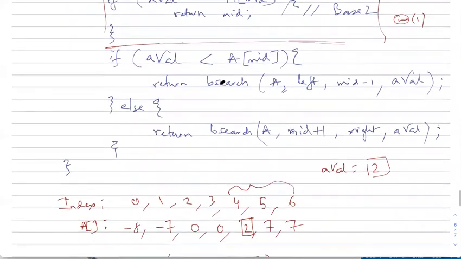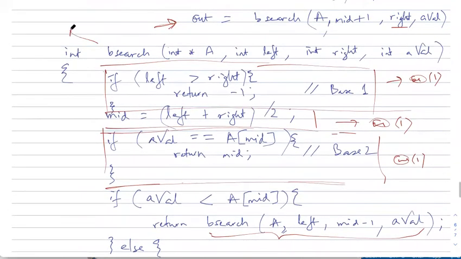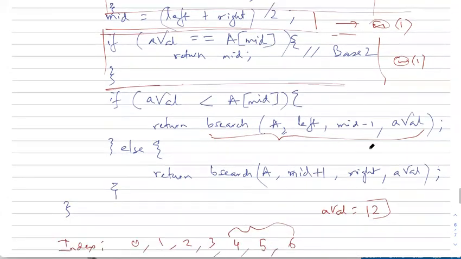But interesting things start happening here when the value is less than mid. So if the overall complexity of running this is T of n, right? This is running over what? Half of the element, right? This is T of n by 2, correct?